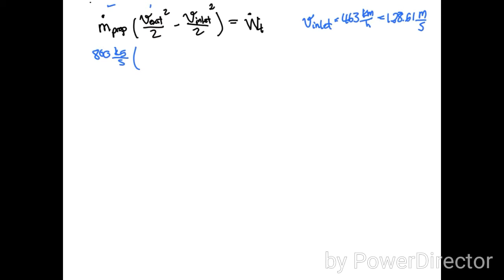The velocity of the exit we do not know. And we know the inlet is 128.61 meters per second, all squared, divided by 2, is equal to the power from the turbine, which was given as 190 kilowatts. Okay, so we rearrange this to solve for the exit velocity from the propeller.